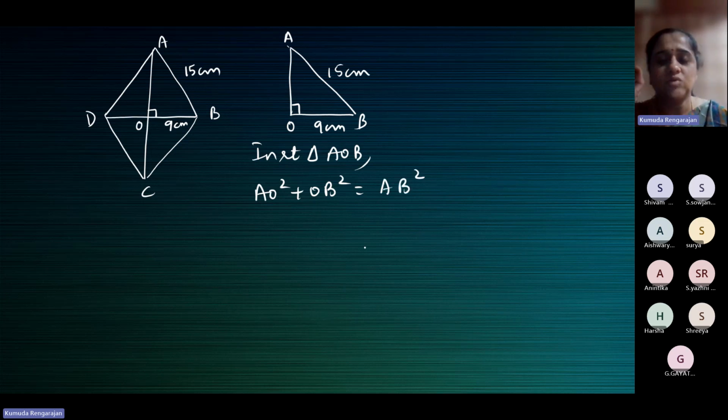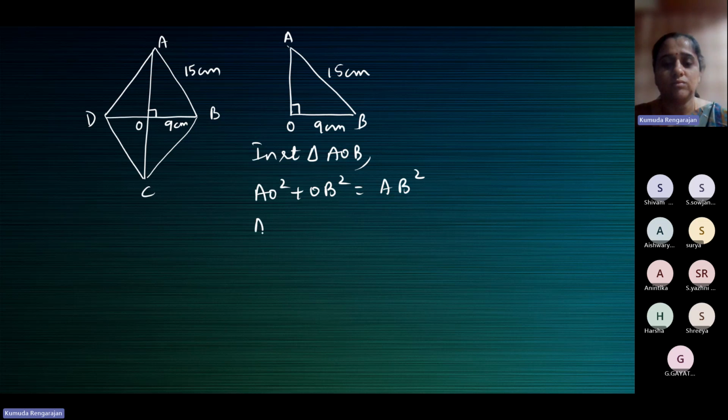The hypotenuse square should be on one side separately, in the LHS or RHS, but it should stand alone on one side. AB is the hypotenuse, so AB square should stand alone, and on the other side you should have the sum of the squares of the other two sides. So AO square plus OB square is equal to AB square.